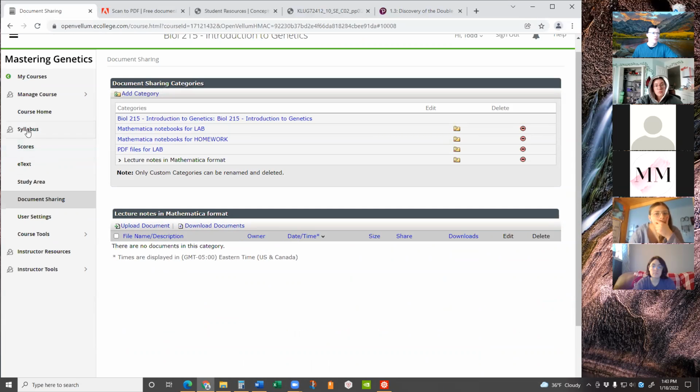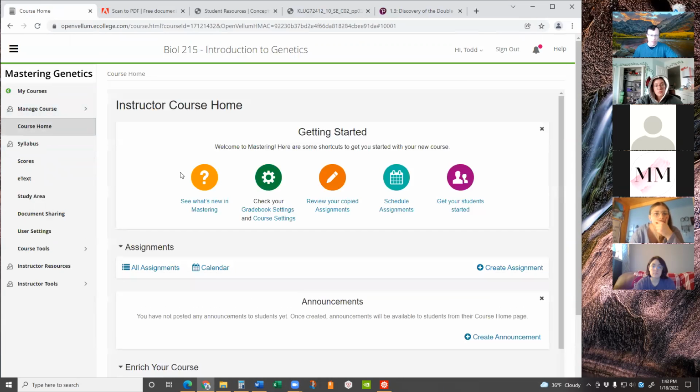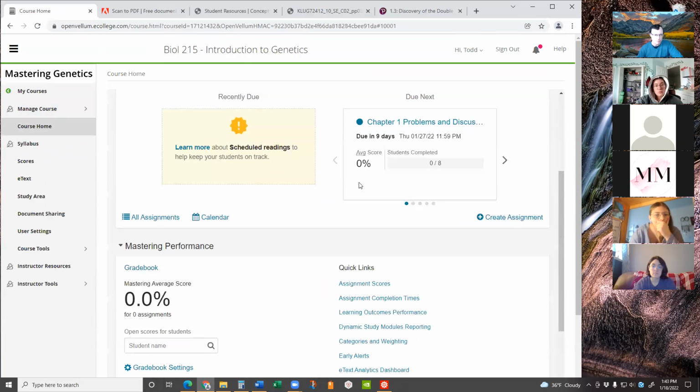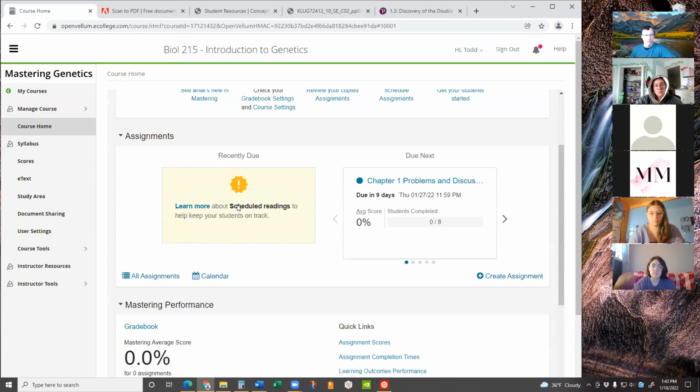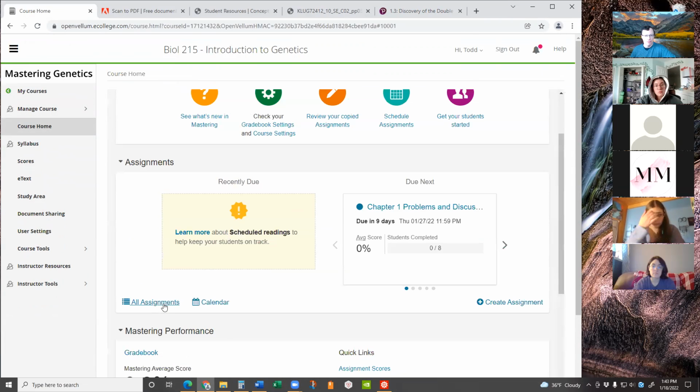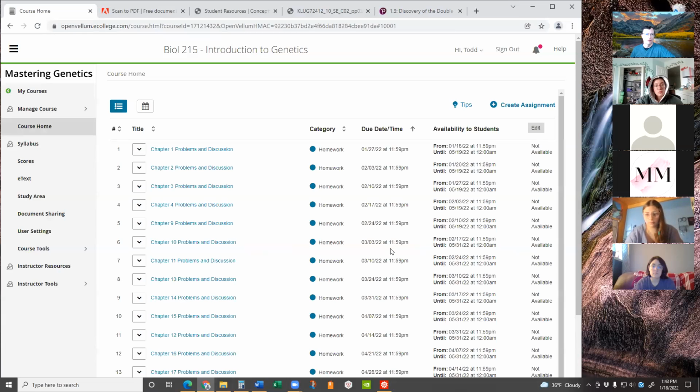All right, so let's go back to the course home and talk about homework. You know from your syllabus that there's a whole bunch of homework. Nothing due this week. Your first homework is due next week, next Thursday. So if I show you all the assignments, here's all the assignments that are due. Okay. And so, for example, chapter 1 has some homework assignments.